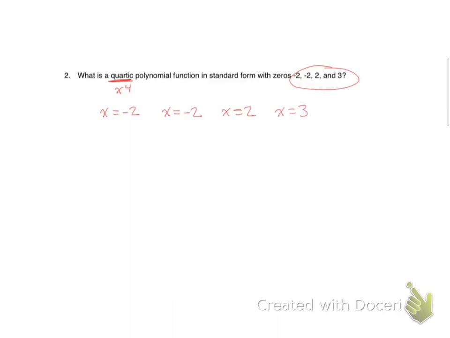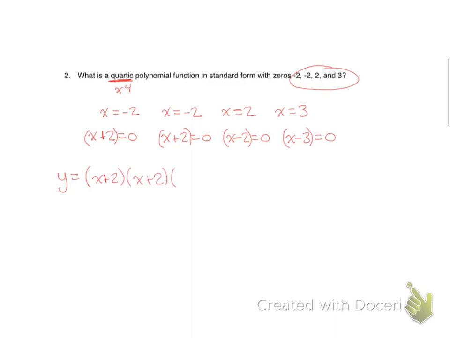So set all of these equal to 0. So you're going to have x plus 2 equals 0, x plus 2 equals 0, x minus 2 equals 0, and x minus 3 equals 0. These are your factored forms, or your factors. So smash them all together, and you get the factored form of your polynomial.